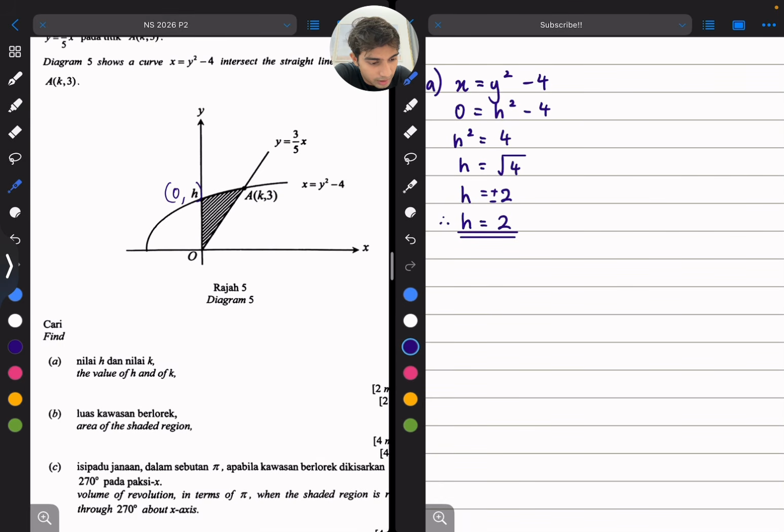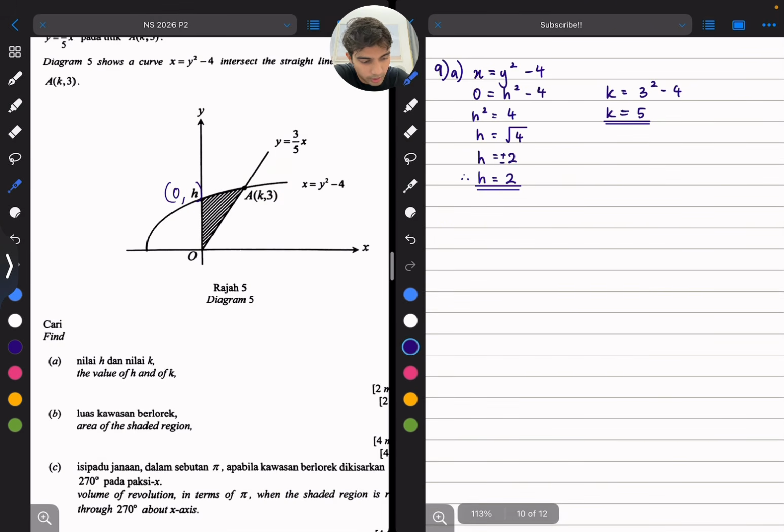So y is 3, x is k. So k is 9 minus 4, k is 5. Done. I just substituted the x and y into this equation. This is x, this is y. Done.